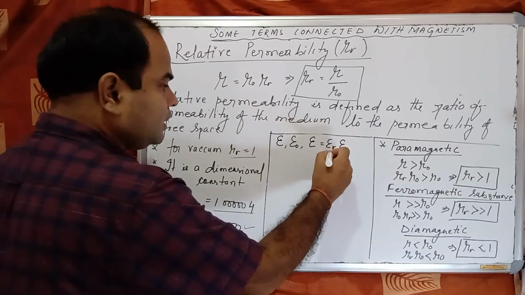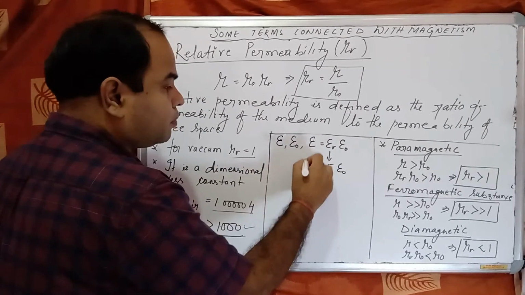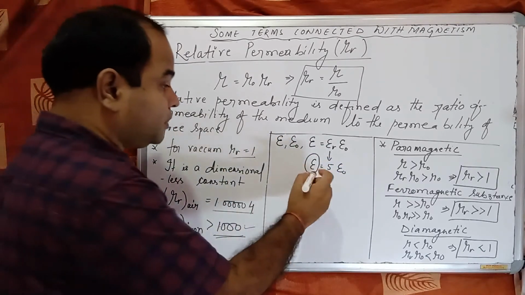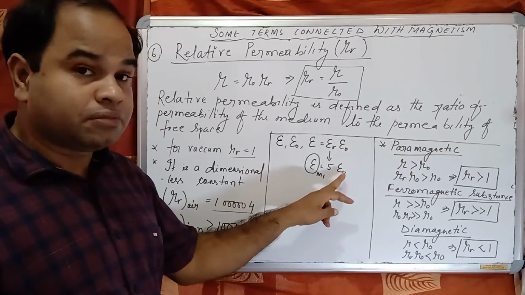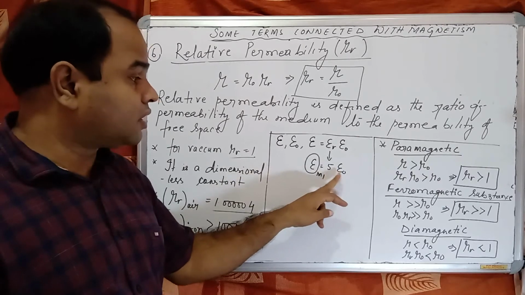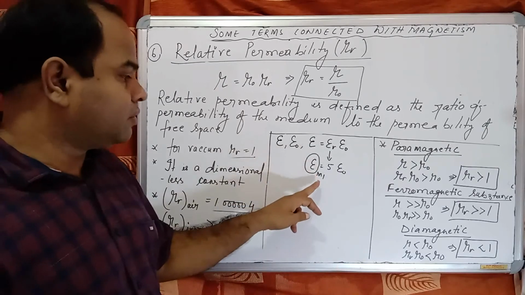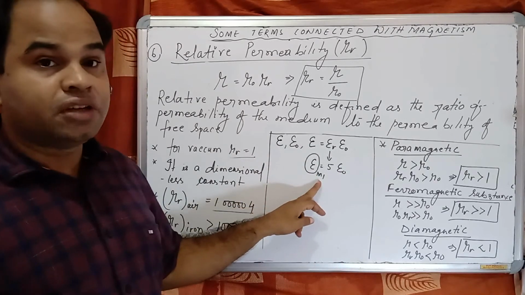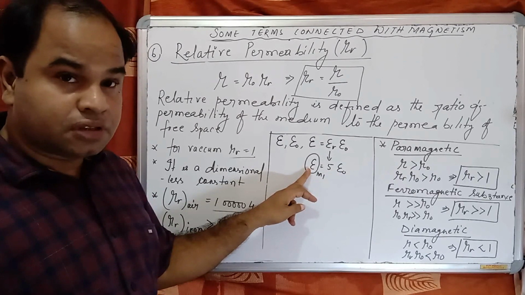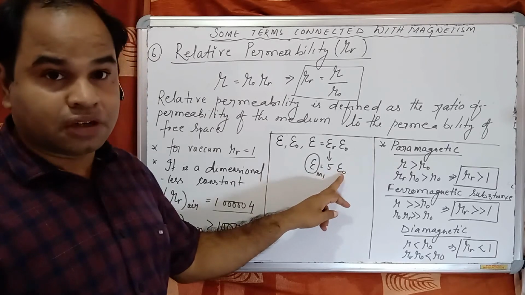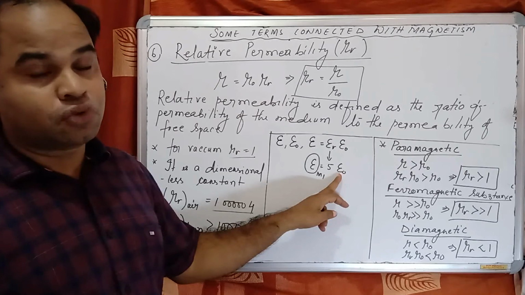If I say epsilon r is 5, then the permittivity of this medium, let us say M1, is 5 times epsilon naught, or it allows 5 times the number of field lines allowed by air medium to pass through it.